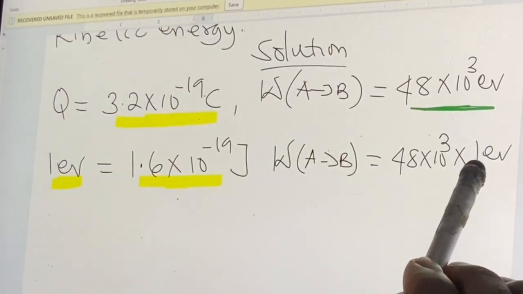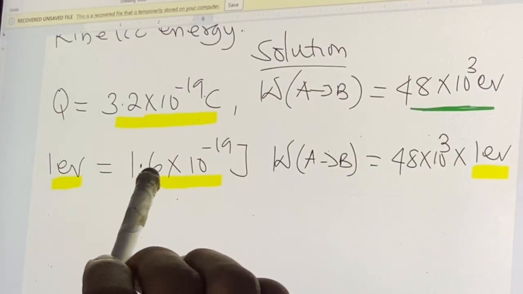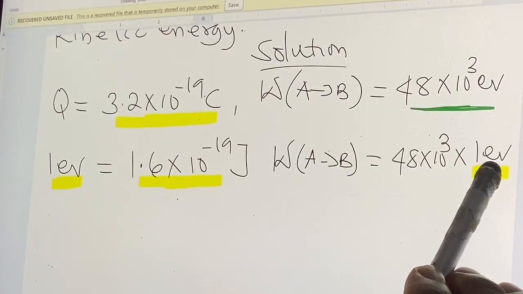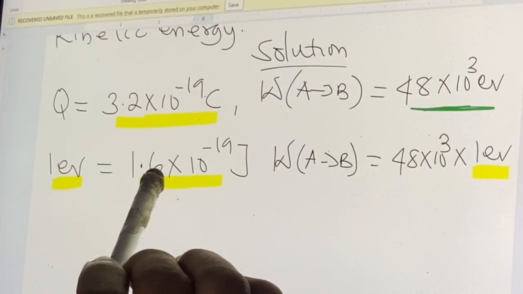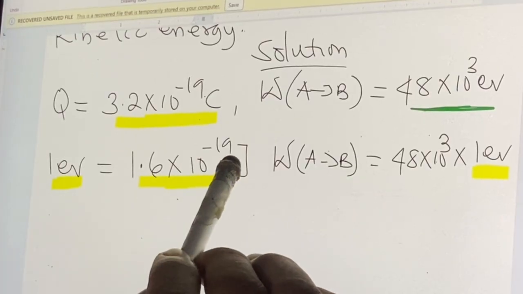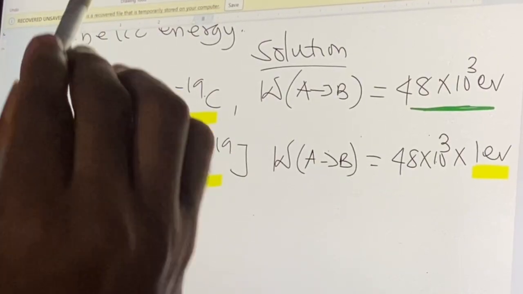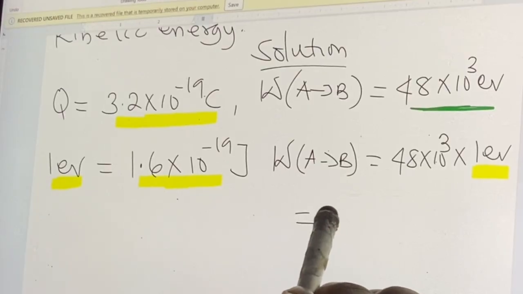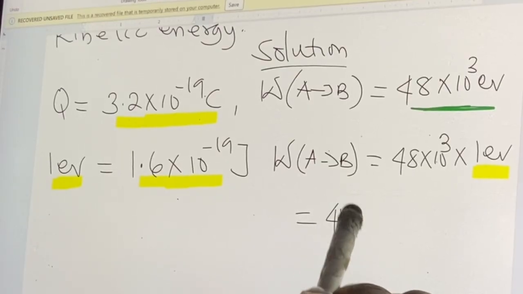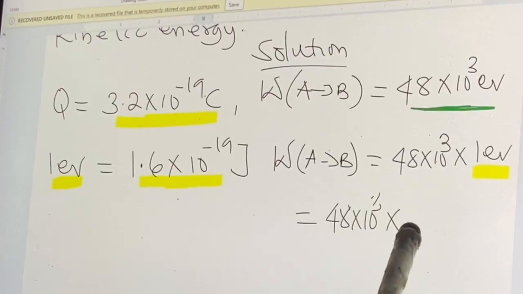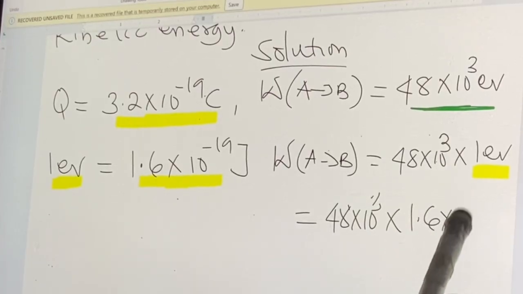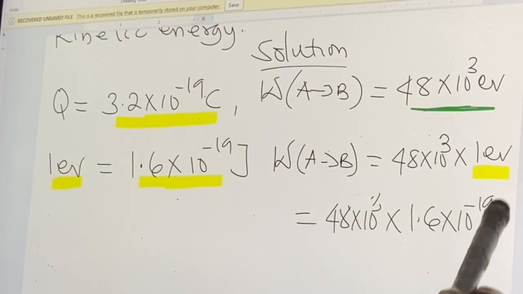And whenever we see 1 electron volt, we replace that in terms of joules as 1.6 times 10 to the power minus 19, right? When you do that here, this will be equal to 48 times 10 raised to the power of 3 times 1.6 times 10 raised to the power of minus 19 in joules.